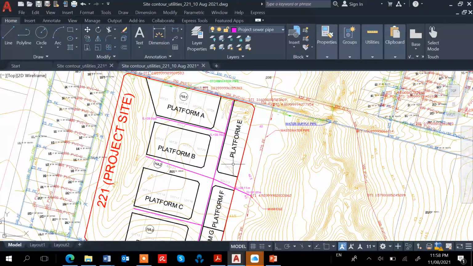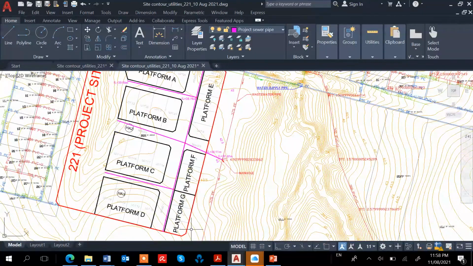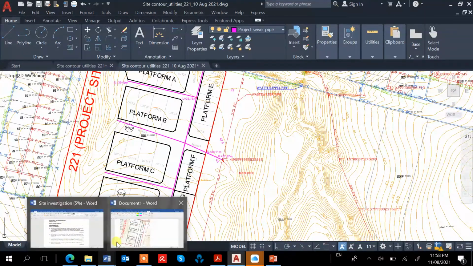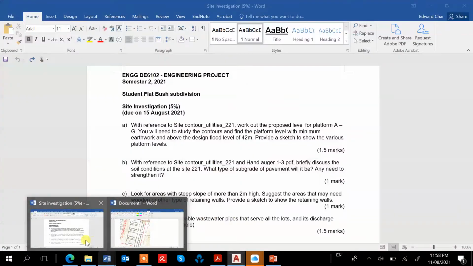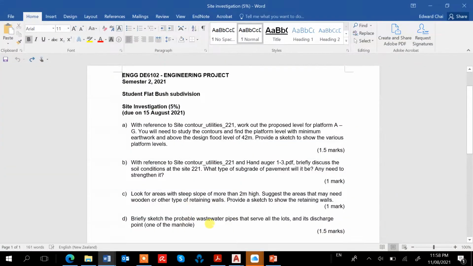So let's explain how we're going to do the wastewater pipe. We need to find out the platform level, and the invert level at the furthest point, to make sure that all the platform levels that we have determined can provide sufficient depth to the sewer pipe.